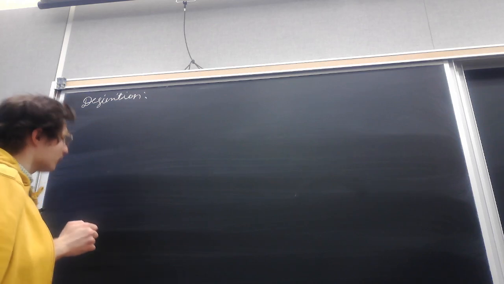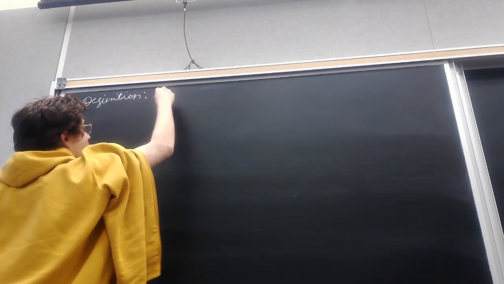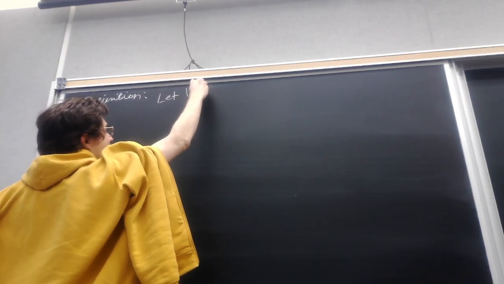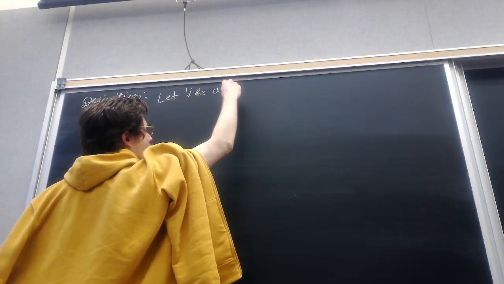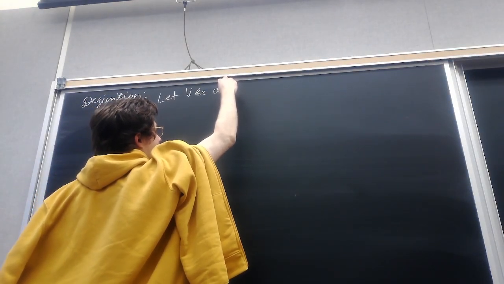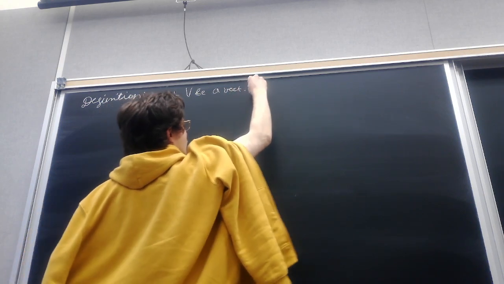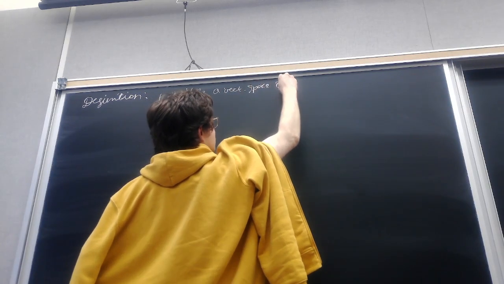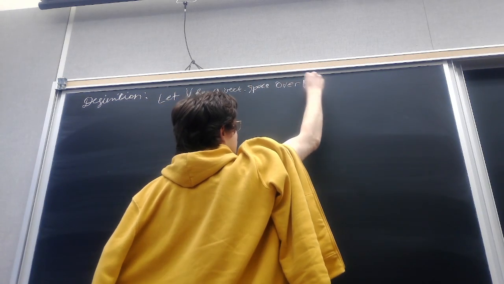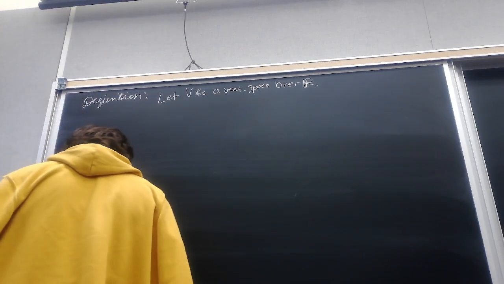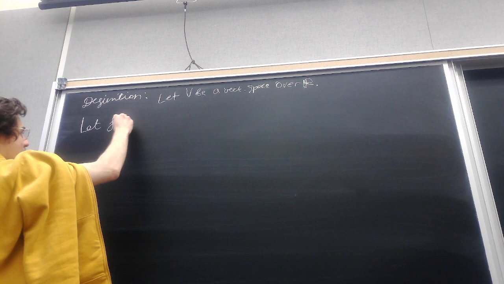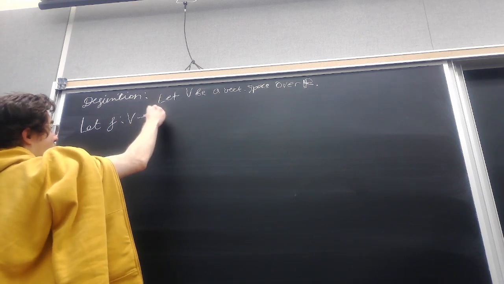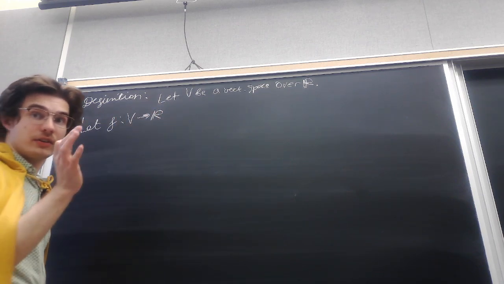Exactly. So first of all, you have a vector space. Let V be a vector space over R. And let f be some function from V to R, not necessarily linear, it could be any function.